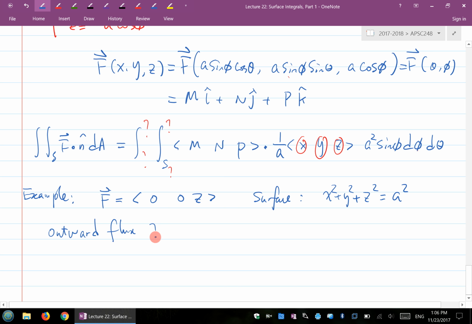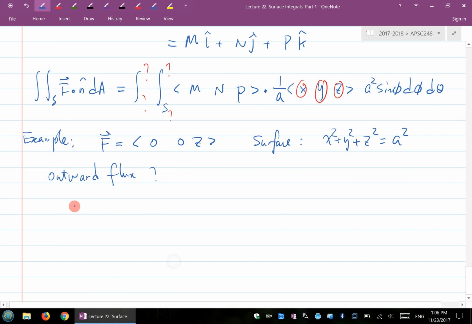This is a simple exercise of putting things together, with no trick at all. Our flux means we are going to pick n hat appropriately. But let me write down the formula for the surface integral again. So that's the surface integral.